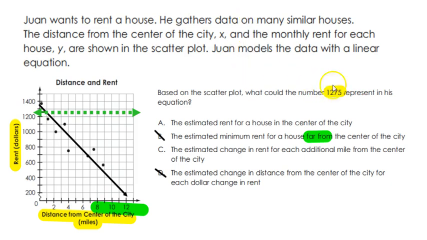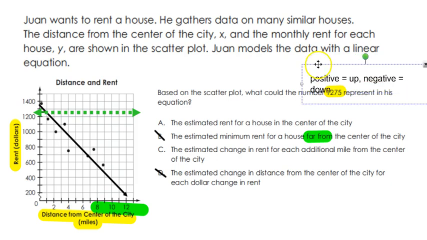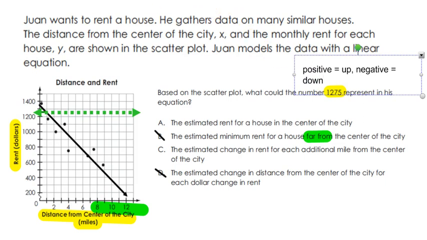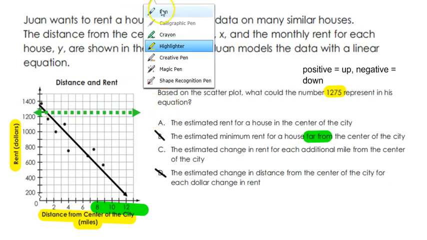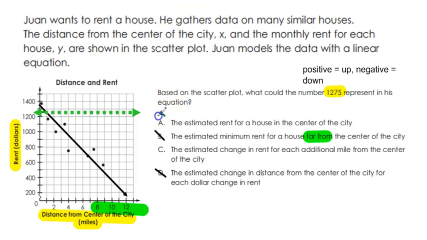Negative would be down. So that doesn't really make sense either. So it's got to be A, which we said did seem reasonable. We just weren't sure that it was the best answer until we went and read through all of them.